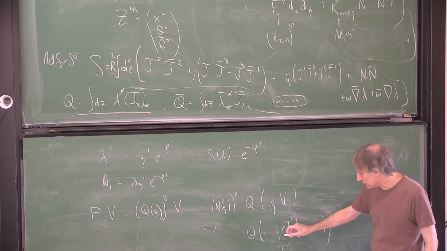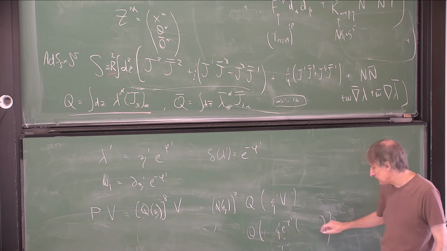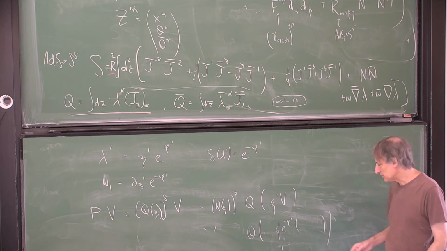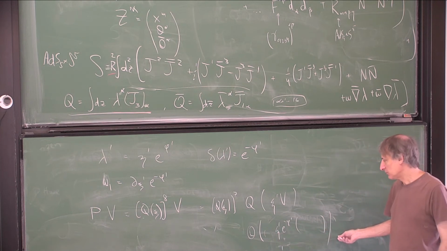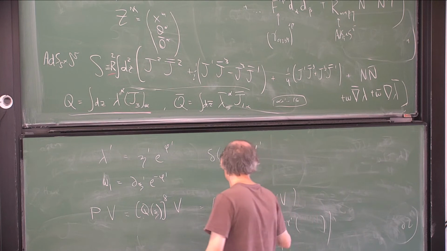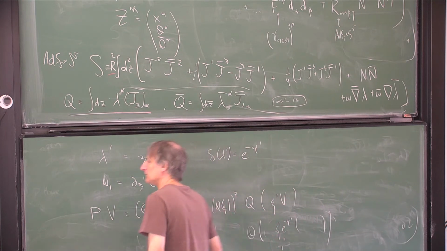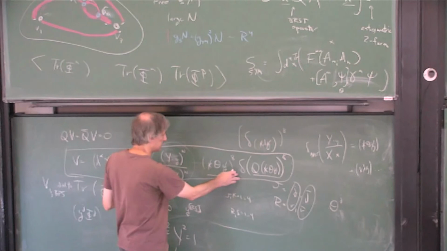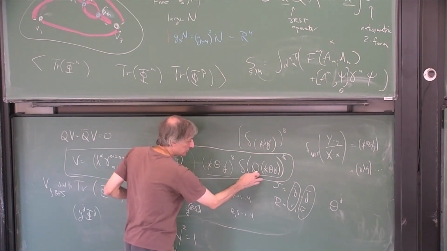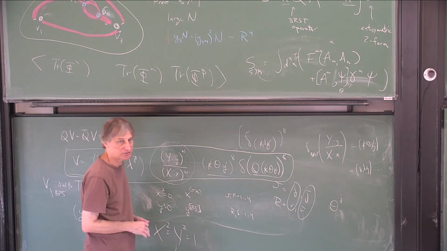And now you can show that because this object has to be BRST closed, this has no poles when lambda 1 goes to 0. The way you argue that is that if you peel off one of these delta functions, you know that the BRST variation of everything left has to be proportional to the lambda that you peeled off.